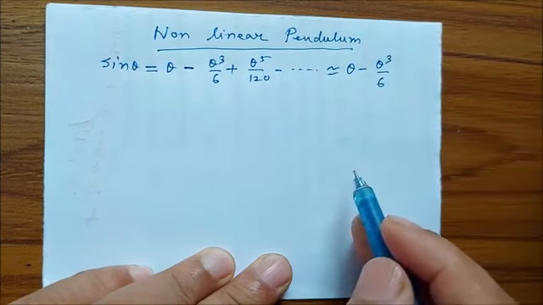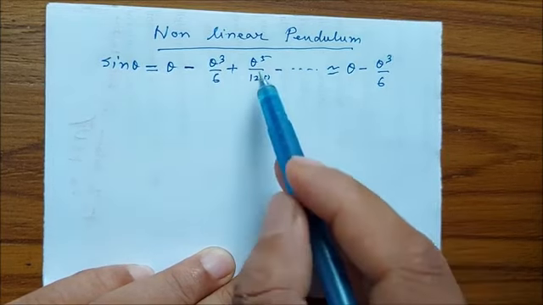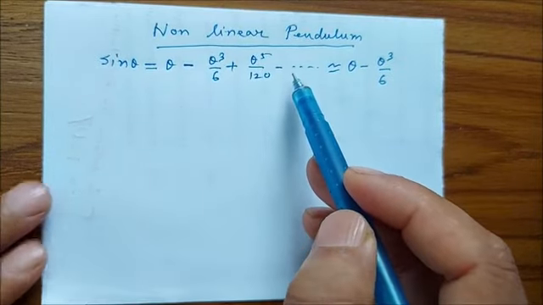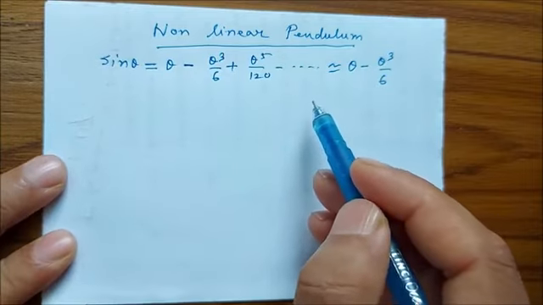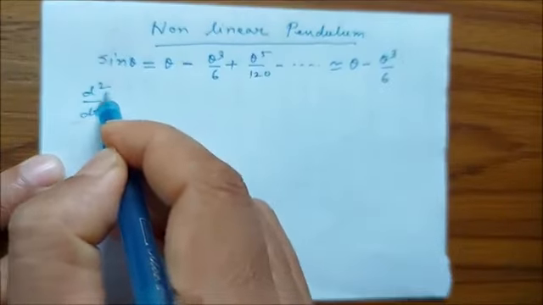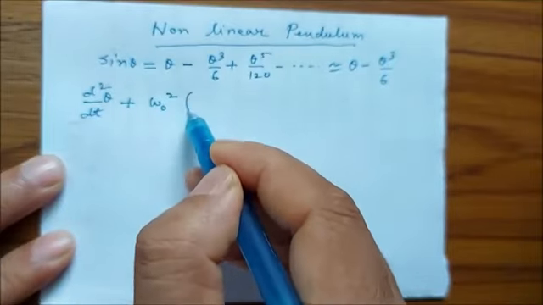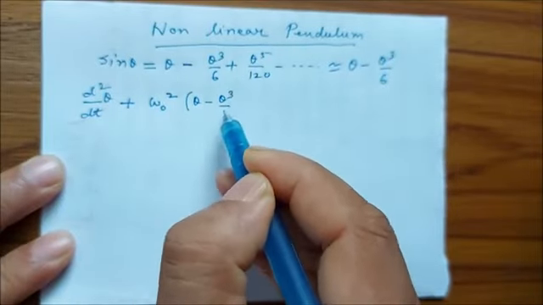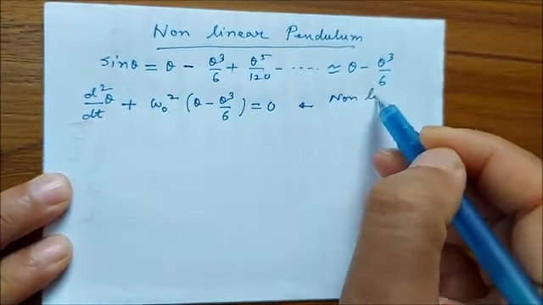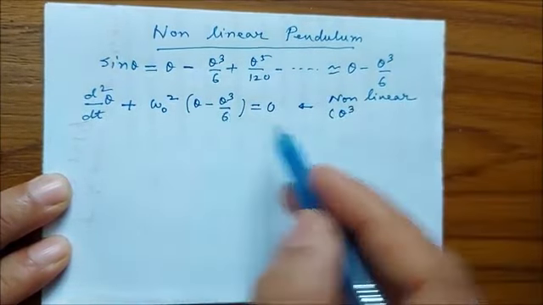In other words, theta is small enough that justifies neglect of terms like theta to the power 5 and its higher powers. So with this approximation, the differential equation becomes non-linear because of the presence of terms like theta cubed.